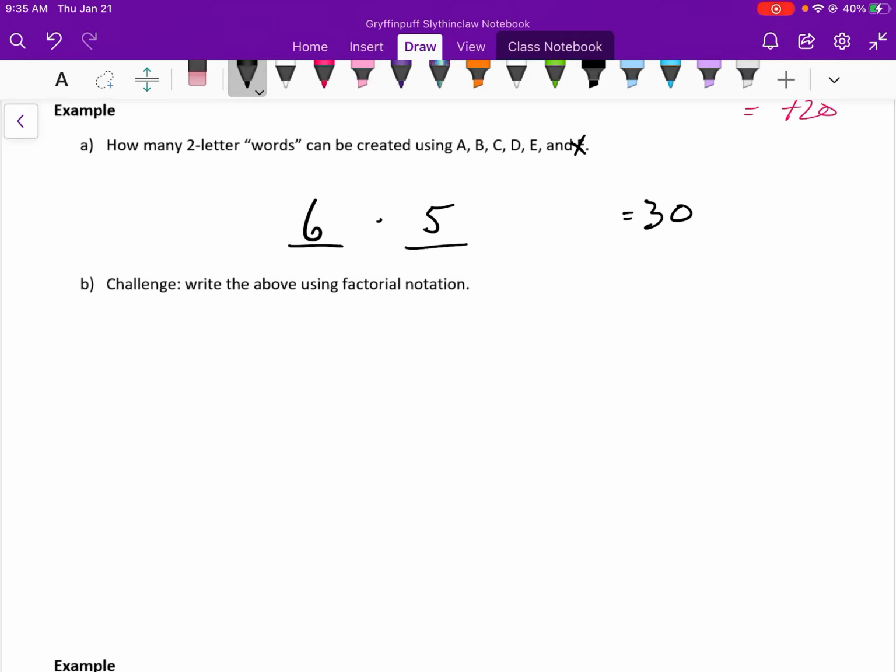Really, what we're trying to say is, if you have 2 elements, A and B, A, B is different than B, A. You have the same elements, but in a different order, so order matters. That's what separates a permutation from a combination. So right now we're doing permutations because order matters.